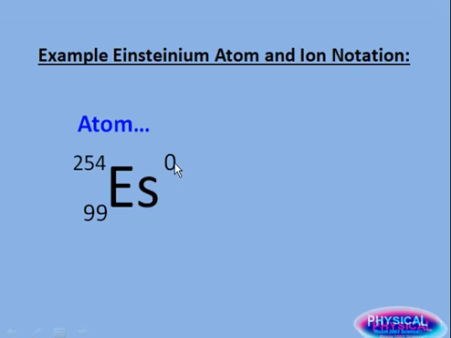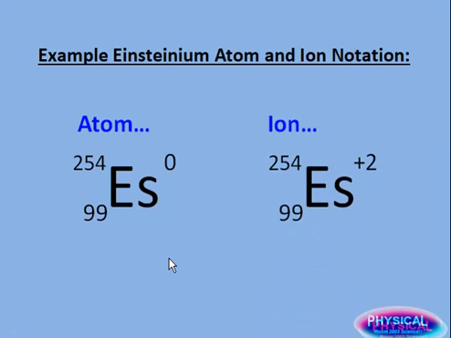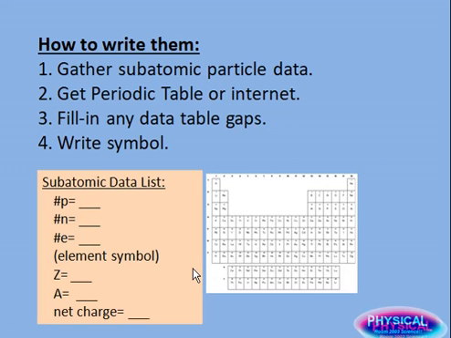If you don't see anything, it's implied that it's 0, but I like to see it just to know that we've thought it through. And then here is the ion that Einsteinium would be anticipated to form. Same base in terms of the Z and A, but now our net charge has gone to +2. Not +2, +2.